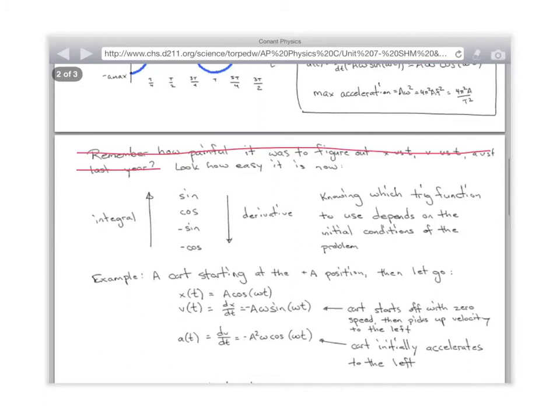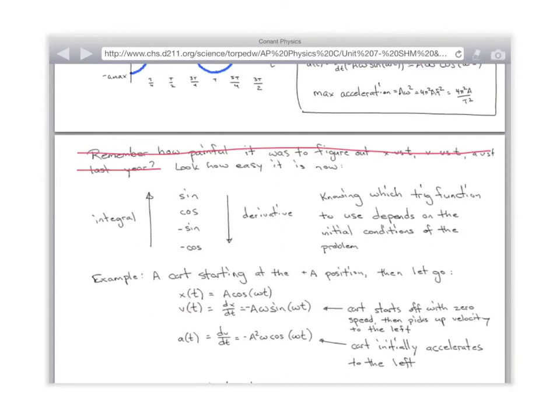So what trig function starts at 0 and then goes negative? Negative sine. So the velocity function, if you start the car all the way over to the right, is actually negative sine. Hey, guess what? That's what the calculus says too.